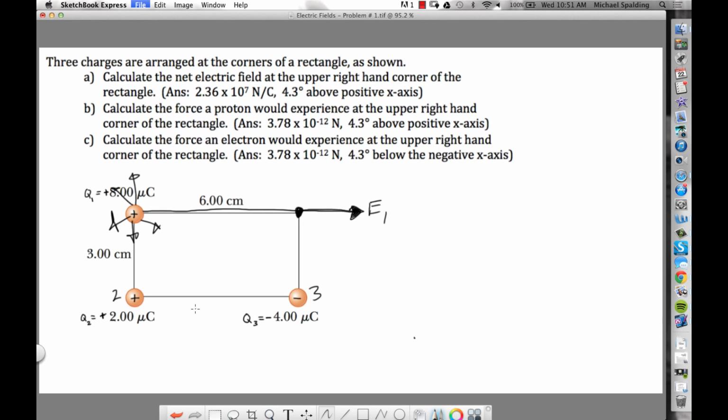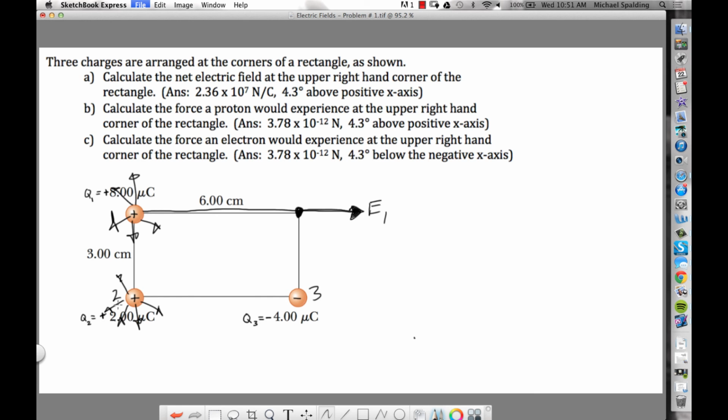Okay? Now let's go to charge 2. Is charge 2 plus or minus? Plus. So what do we know about the electric field for big positives? Out. And why is that? Because that's what a little positive would do. You've got to remember, these three charges in this problem are big dudes, and they're creating the electric field.